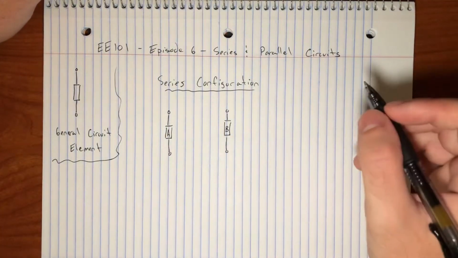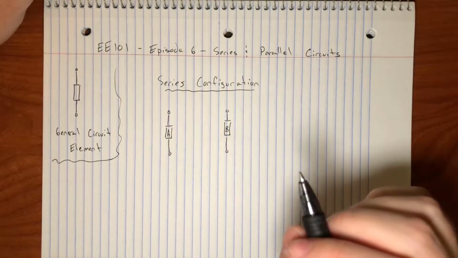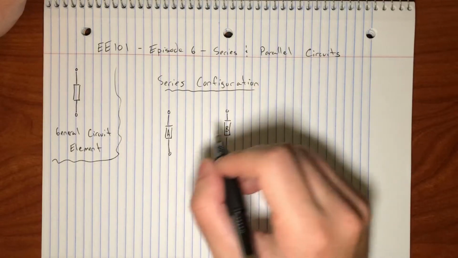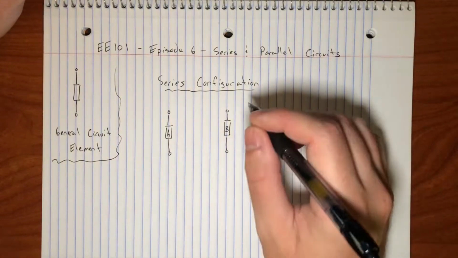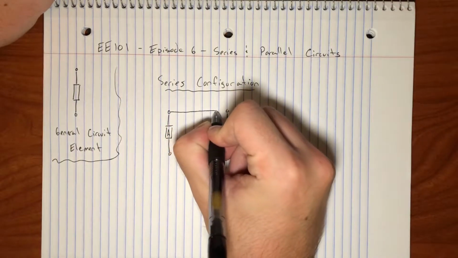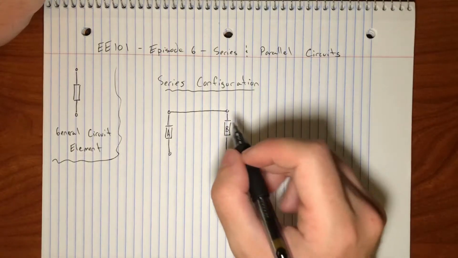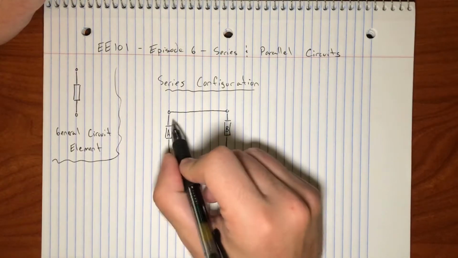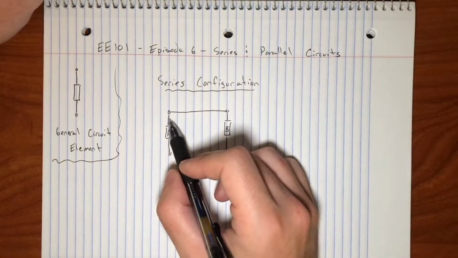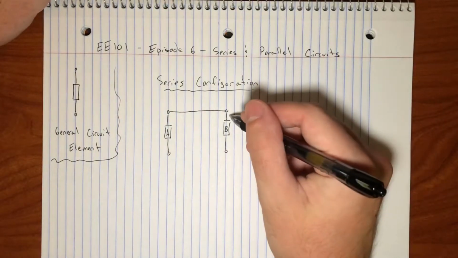The first rule is that A and B must be connected at exactly one node. So A and B are connected in this way to create a single node. They must be connected at exactly one of their terminals each. So one terminal of A is connected to this node, and one terminal of B is connected to this node.